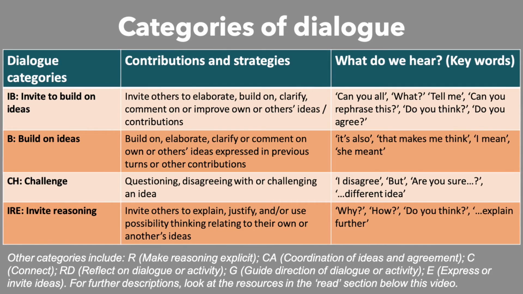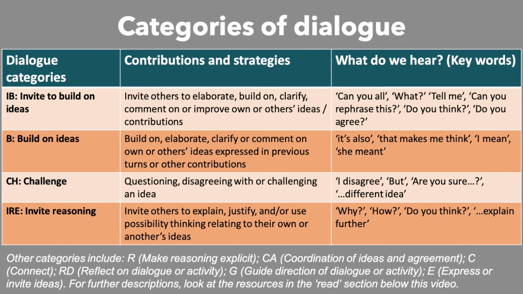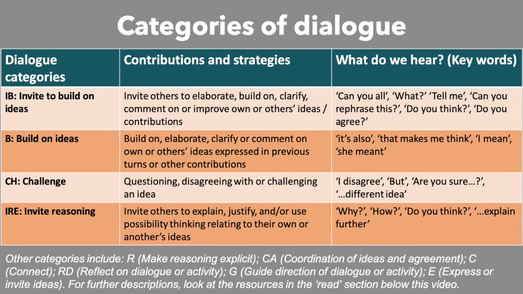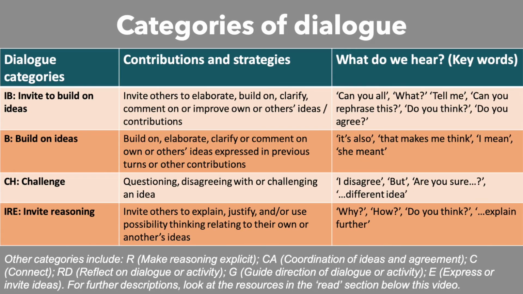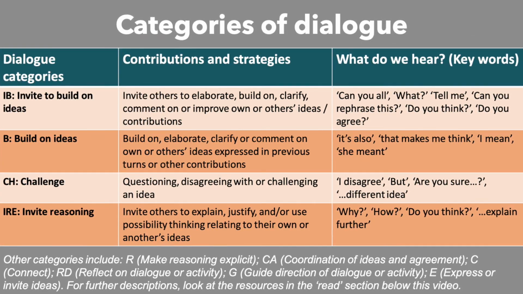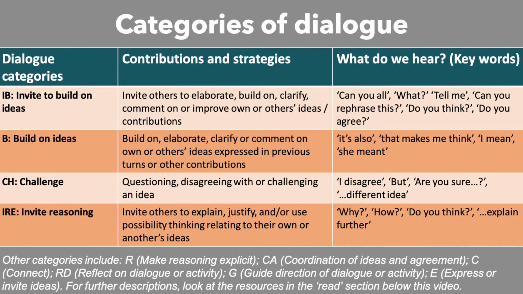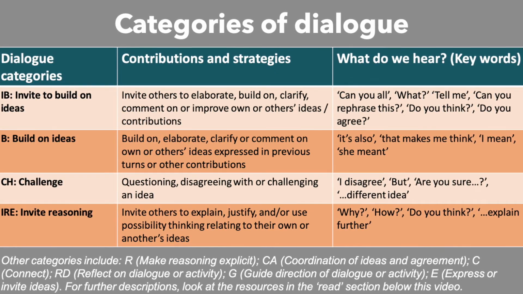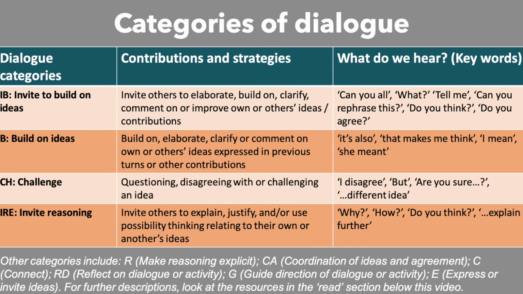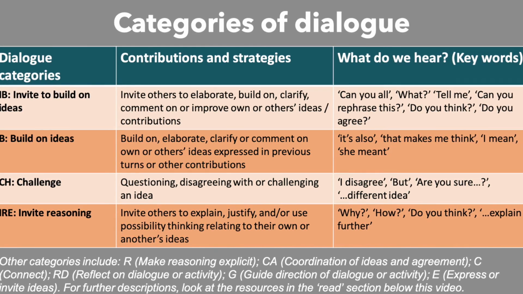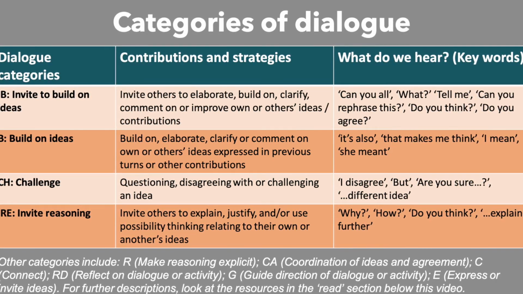The third column that you'll see on the right there offers guidance on how we can know when the category is happening and keywords to listen out for. Keywords that would signal that students or teachers are inviting others to build on ideas could be a teacher or student asking someone else if they agree, for example.